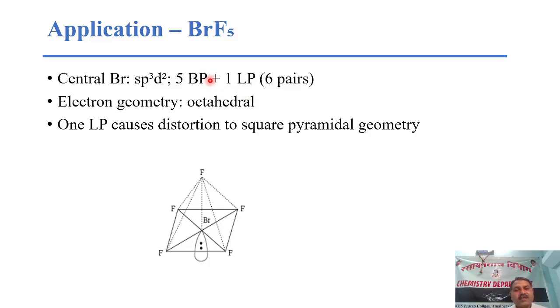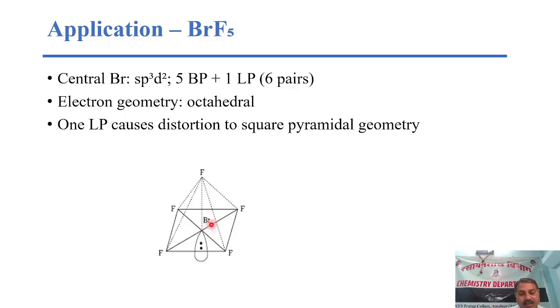So it requires sp3d2 hybridization for 6 hybrid orbitals. So the expected geometry of this molecule will be octahedral, but due to the presence of 1 lone pair, it changes. Now in octahedral geometry, 4 positions are occupied at the 4 corners of a square plane, and 2 positions are occupied at the axial positions perpendicular to this square plane.